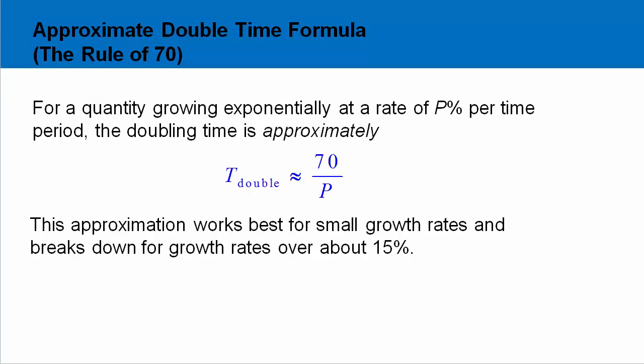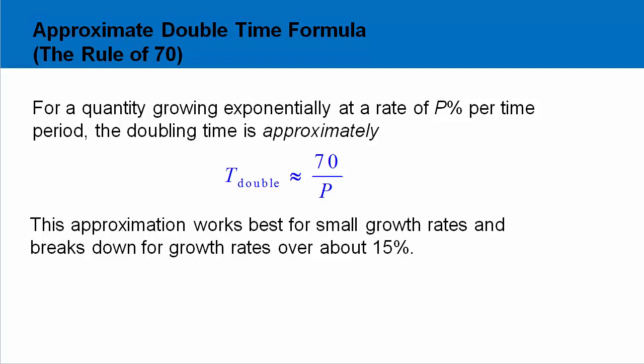Okay, there's a rule of 70, which is an approximate doubling time formula. It basically says, if you have any quantity that's growing exponentially and the exponential growth rate is p, we don't know what that is, but it has a growth rate of 2% or 7% or 13%, whatever it is, then the approximate doubling time is just 70 over that p.